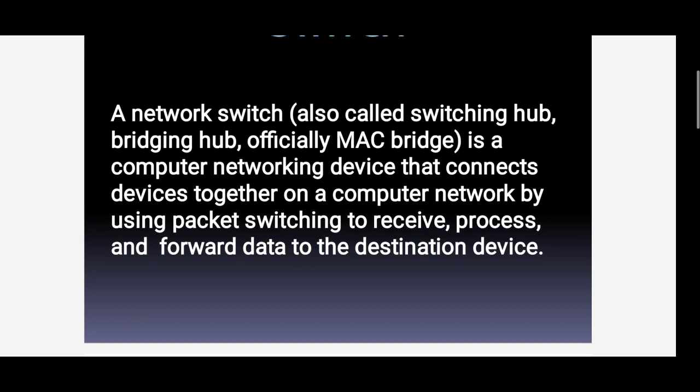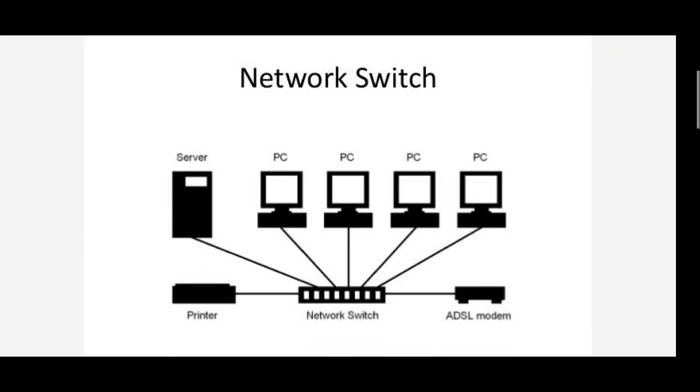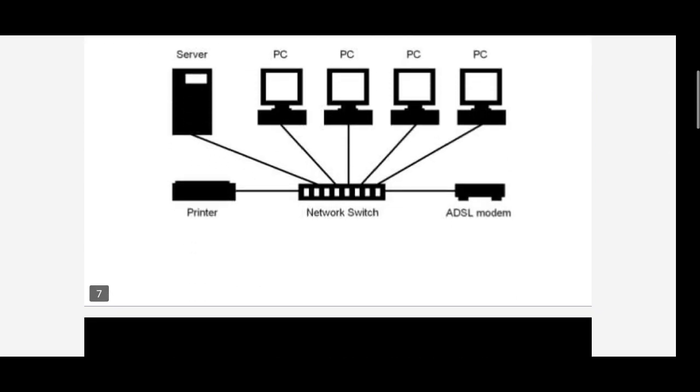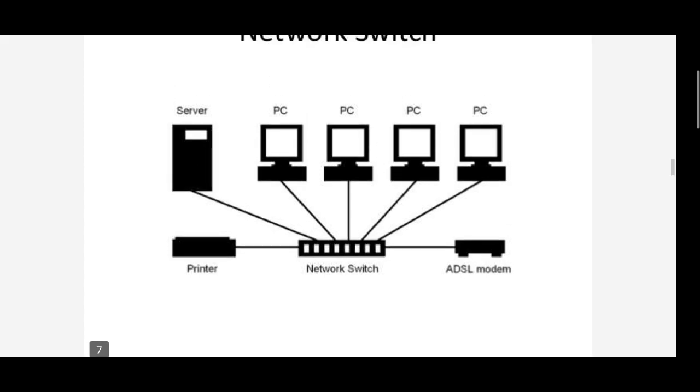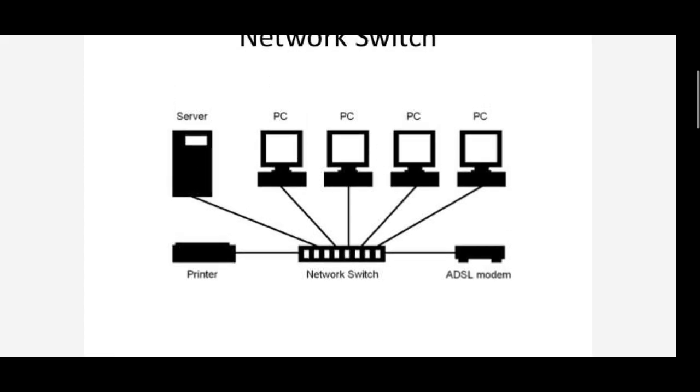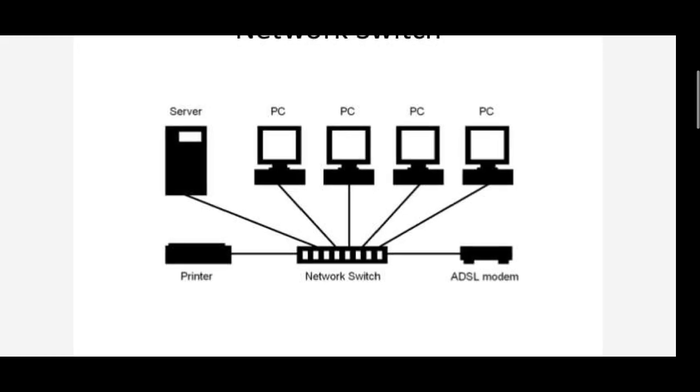Here are the printer, server and PCs. Through the modem, the internet is connected to the network switch, and the whole PCs, server and printer are connected to the network switch.